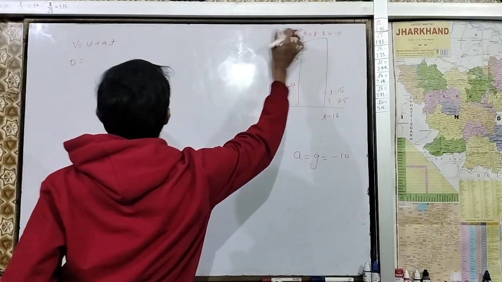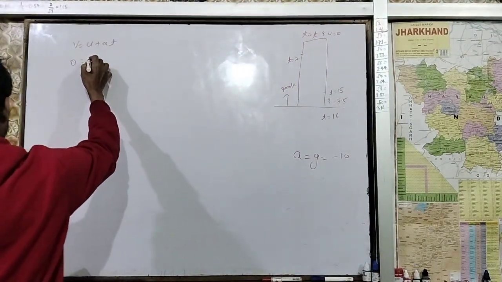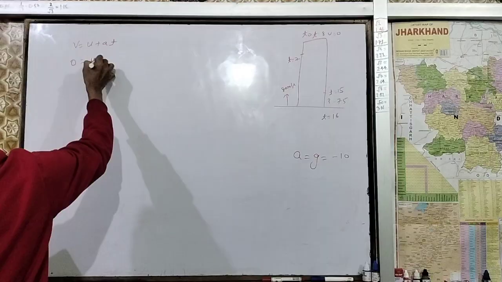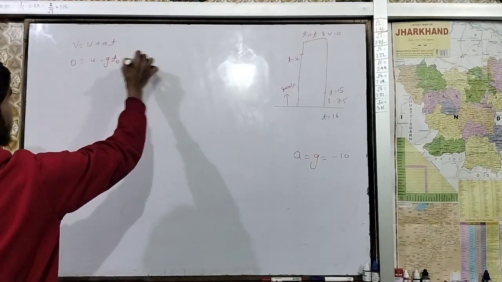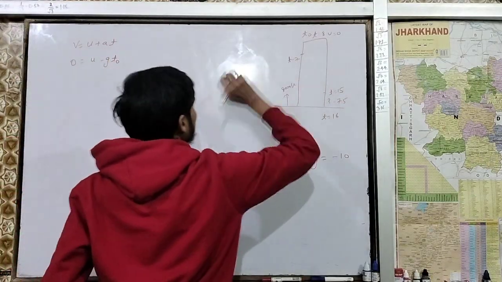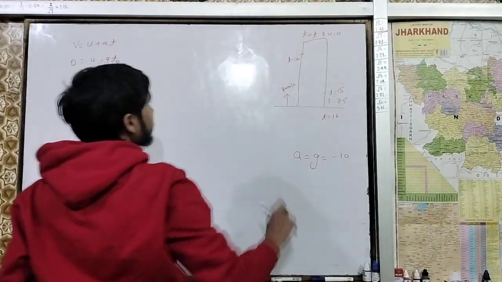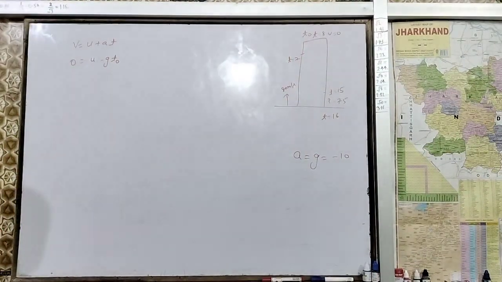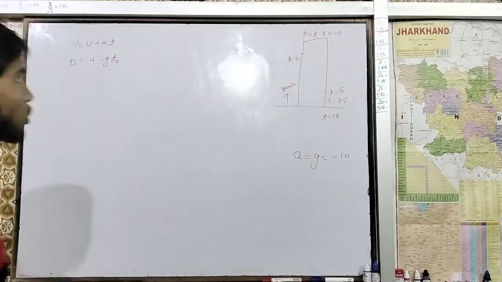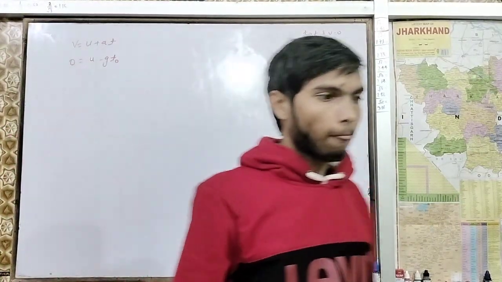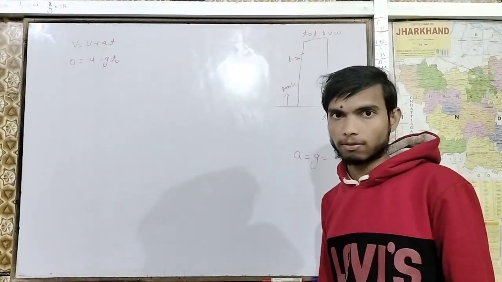Here v is 0, so u will be nothing minus g t naught. Time is t naught, and the initial velocity will not change itself.